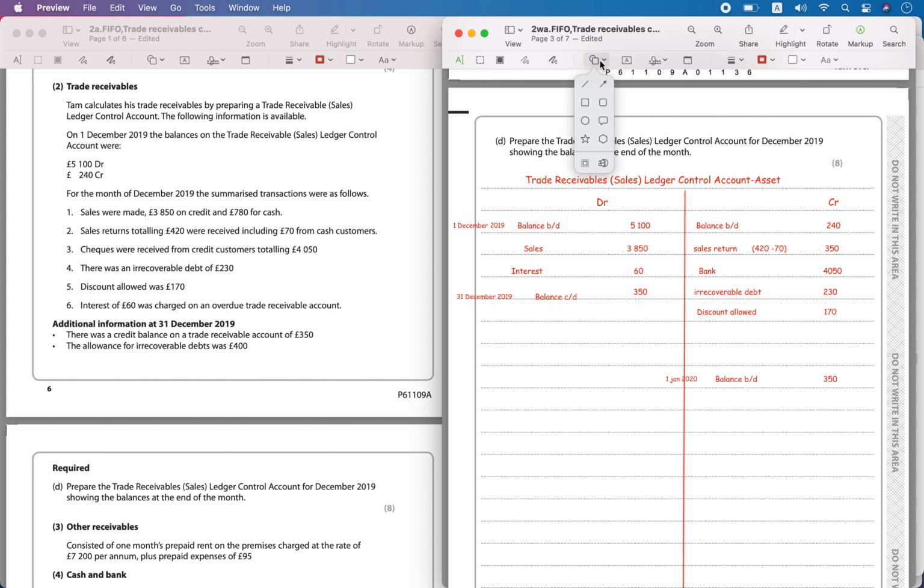Now let's calculate the other balances and the totals. When you add 240, 350, 4,050, 230 and 170, you'll get a total of 9,360.